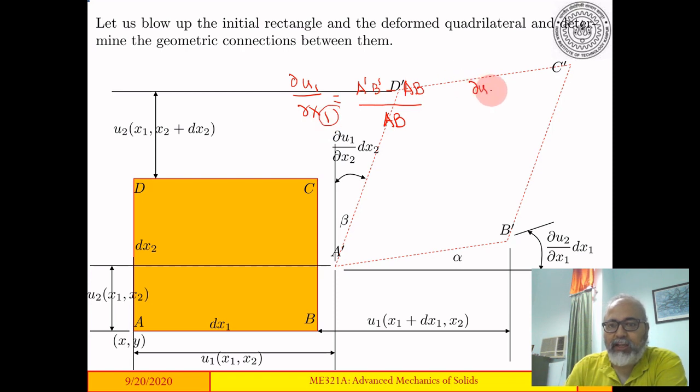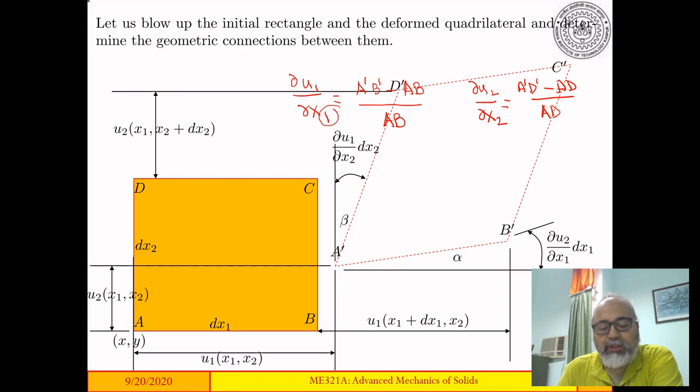Similarly, del u2 by del x2, the other normal strain, would be simply A prime D prime minus AD divided by AD, and del u3 by del x3, in this case it has not been drawn, it's a 2D picture. So del u3 by del x3 would be the relative change in length of a line which is oriented initially along the z direction.